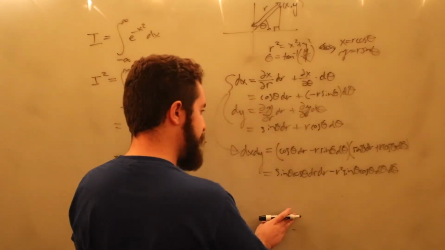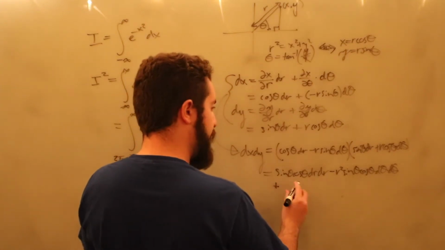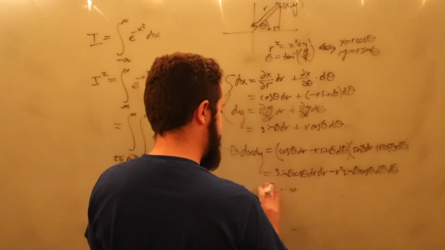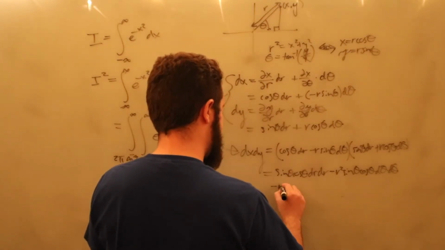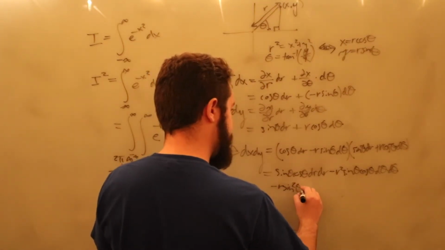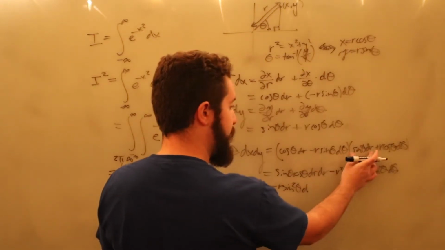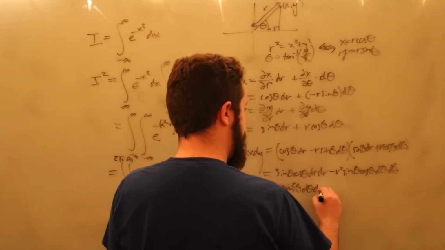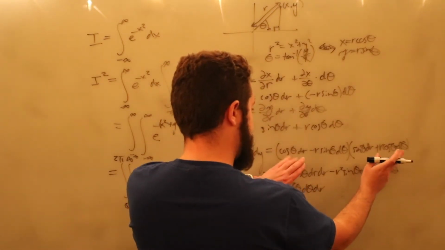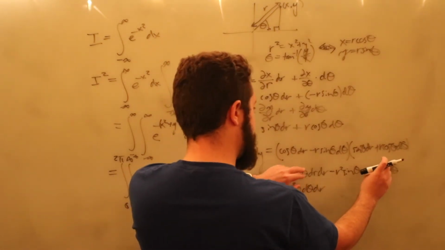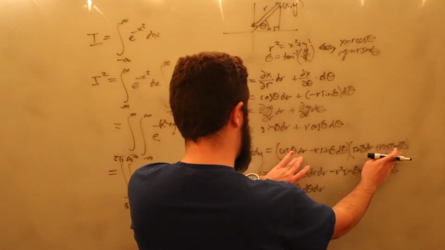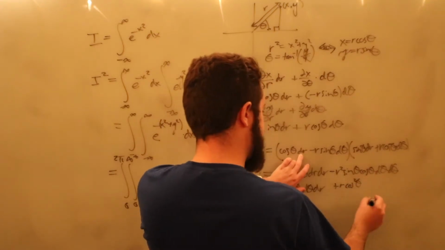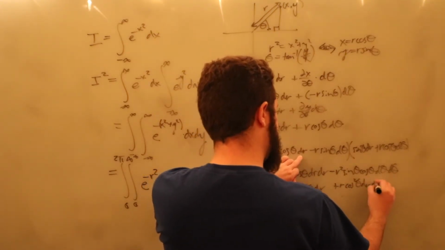Now the mixed terms: minus r sine squared theta d theta dr, and this order is going to matter, so we want to write it from left to right, and then this last one, plus r cosine squared theta dr d theta.